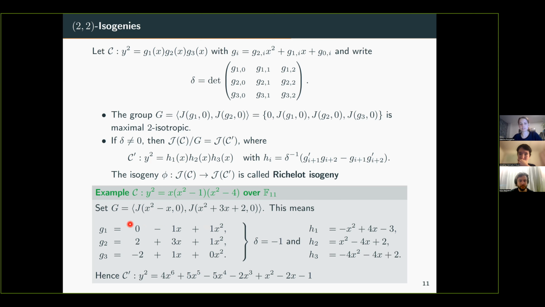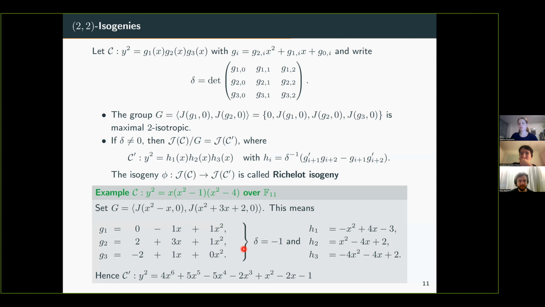So this means the polynomial g1 is x squared minus x, g2 will be x squared plus 3x plus 2, and then g3 will be the last factor of the polynomial, and that's x minus 2. So unless I made any mistakes, if you take the product of these 3 polynomials, we'll get the equation from the beginning.